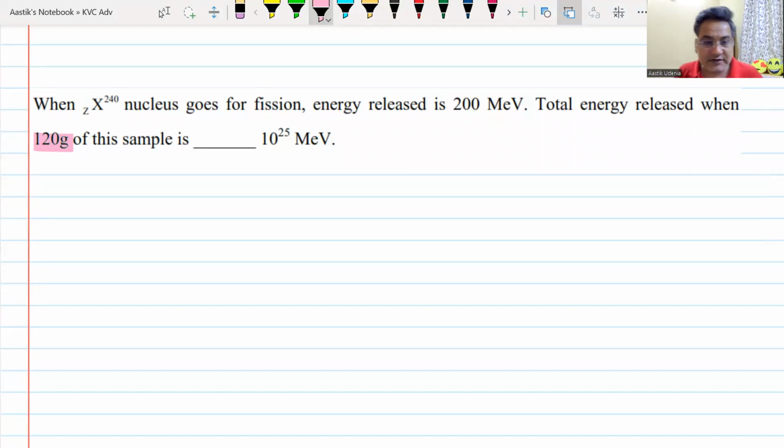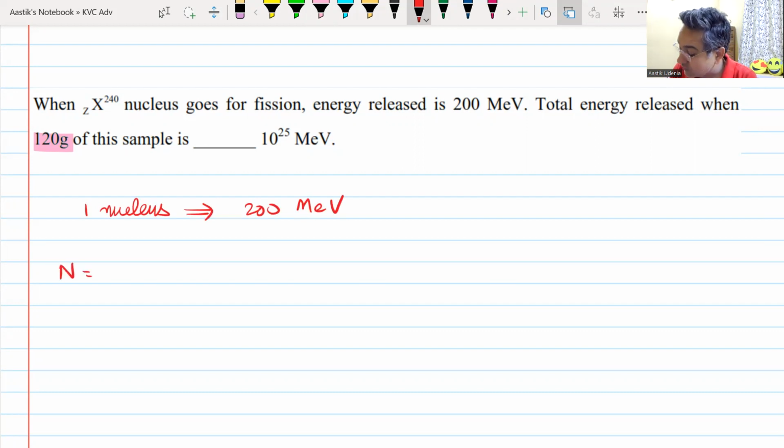And I have an answer 6.022. That is correct. So remember, when one nucleus undergoes fission, you have 200 mega electron volt. So we just have to find out the number of nuclei, the number of moles. You have 120 grams, 240 is the mass number.